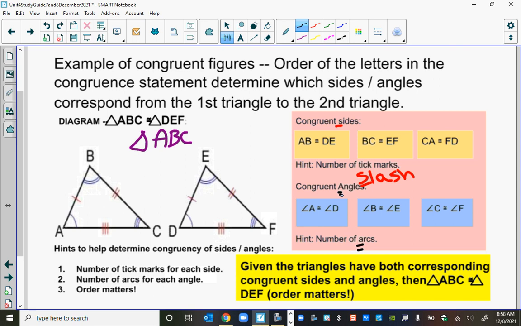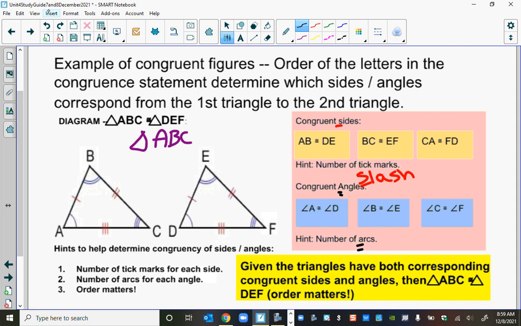Now, also, what you can do in your triangle congruence, if you're given the triangle congruence, you can write the first congruence either above or below the second one, so that when you do your matching up with sides or angles, you know exactly what sides from the first triangle will match with the sides of the second triangle.